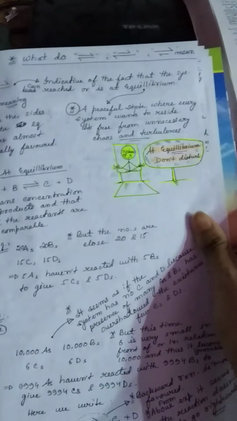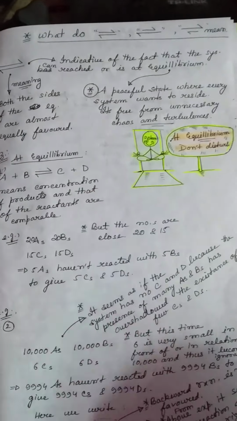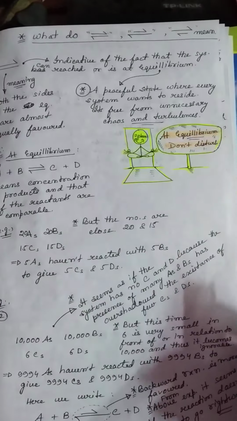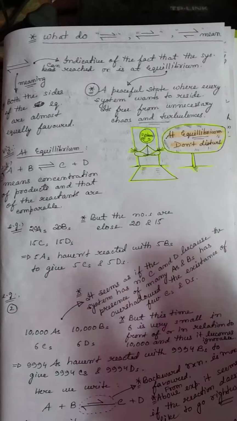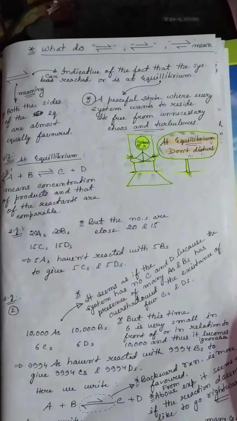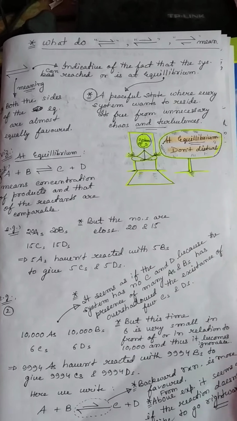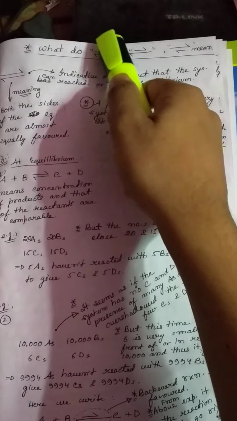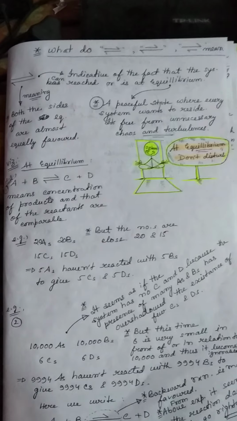Let's talk briefly about equilibrium. I've decided to make a separate video on equilibrium, so I have not written much about it, which I will talk about in another video, but I will give you a brief idea about these three signs which used to confuse me a lot. Believe me, in my school life, no teacher could clarify this doubt properly, but I stuck to it.